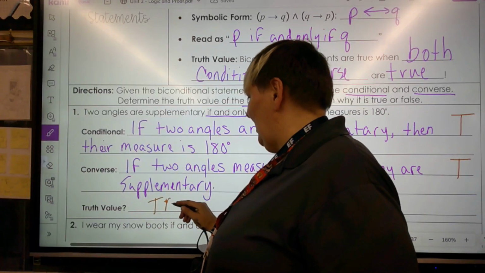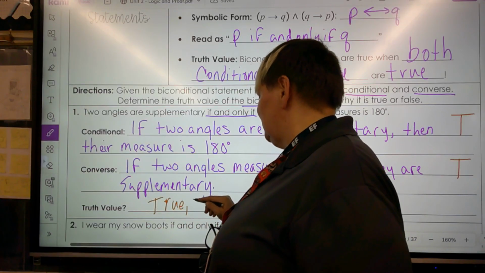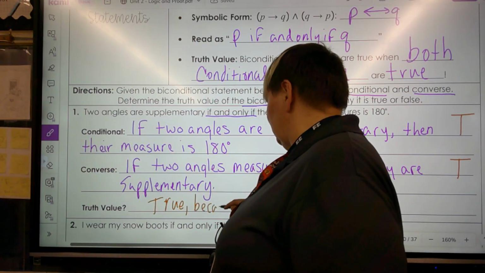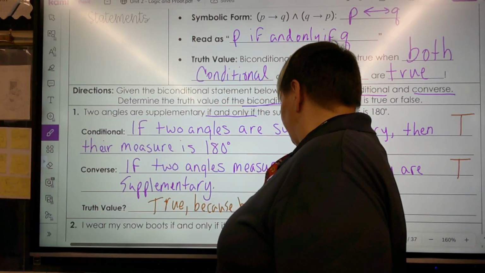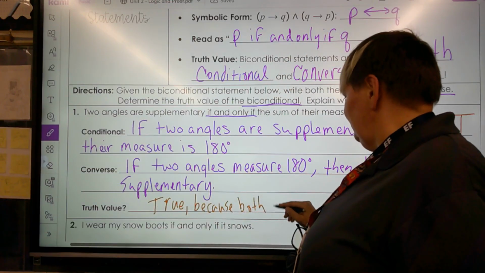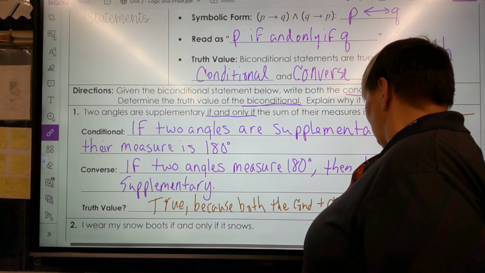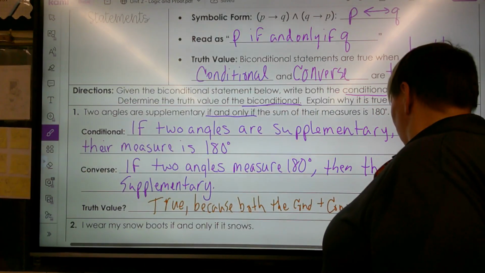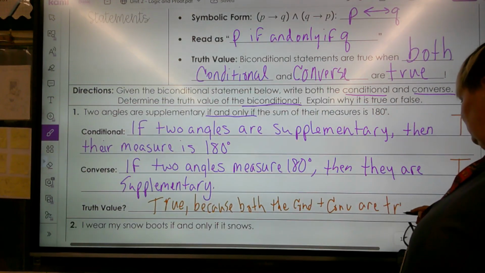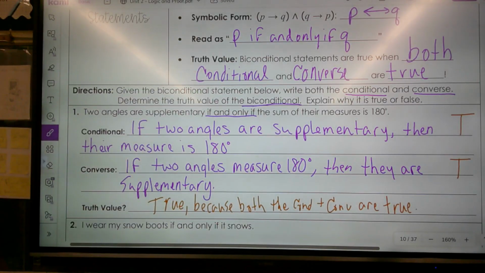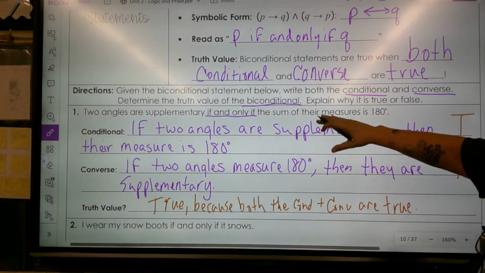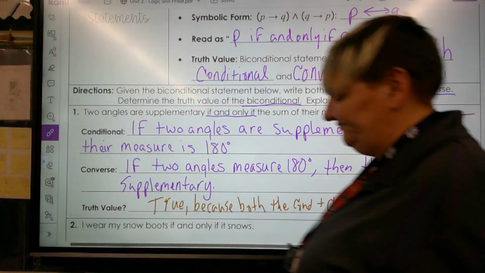And if it says why, say because both the conditional and converse are true. It's true because they're both true statements. So we're taking what we just learned and checking to see if it's true in both directions. That's all.